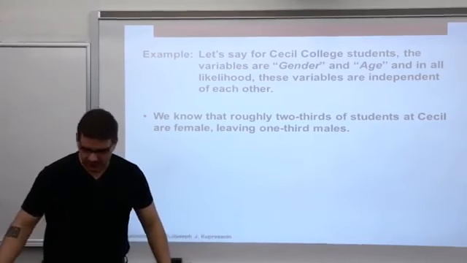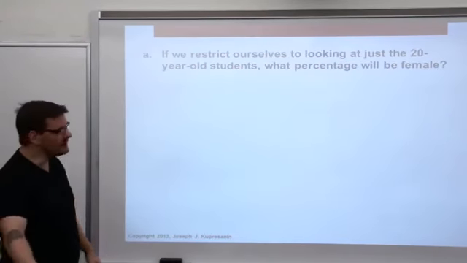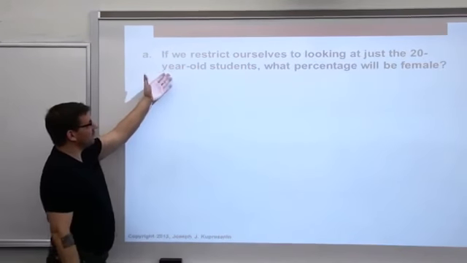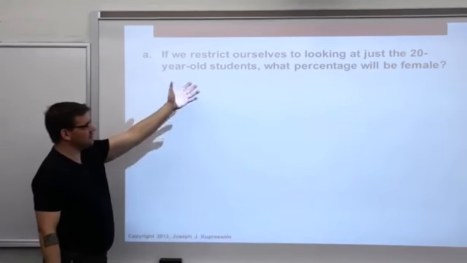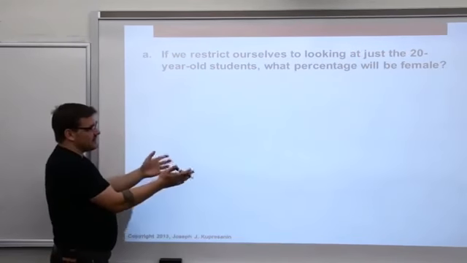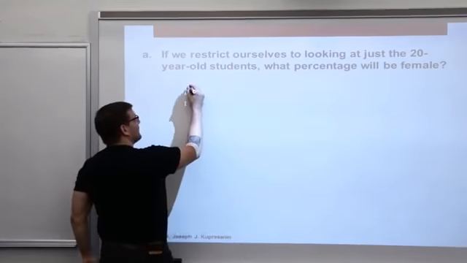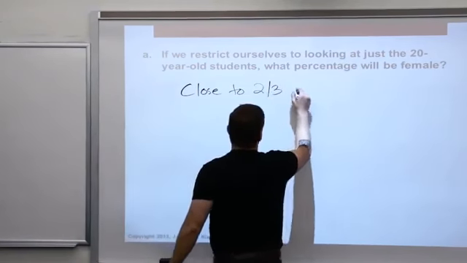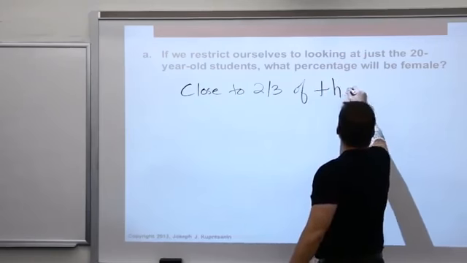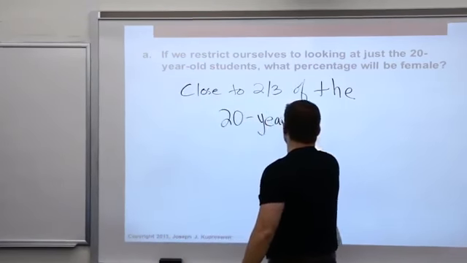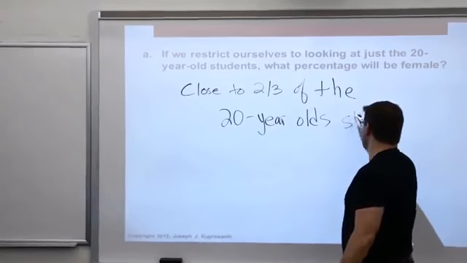Question: we know that roughly 2/3 of students at Cecil are female, leaving 1/3 males. If I restrict ourselves to just looking at the 20-year-old students, what percentage will be female, or should be female? Because the variables are independent, close to 2/3 of the 20-year-olds should be female.